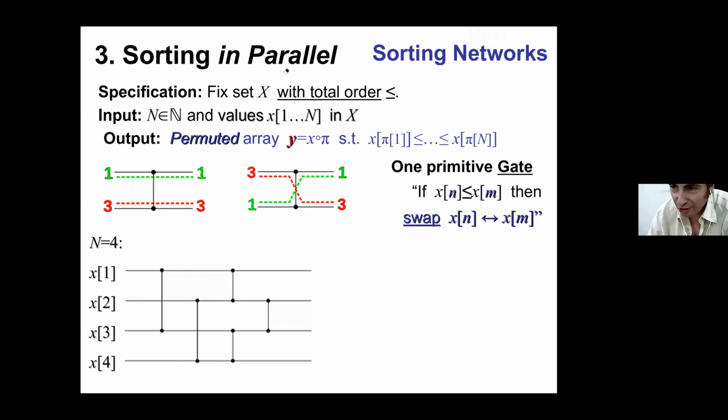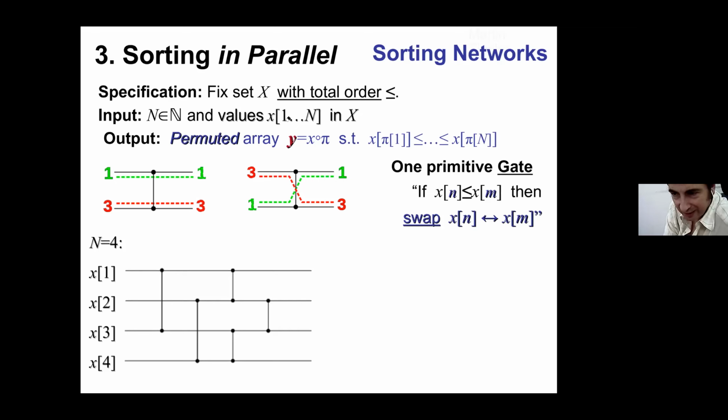We didn't talk about parallel computing very many times, but there are ways to speed up sorting procedures when you allow parallel operations. And for this, we use this model with primitive gates. So you assume, let's say, that you have a set of elements with a total order, and you have a fixed number, capital N, of elements as the size of the array.